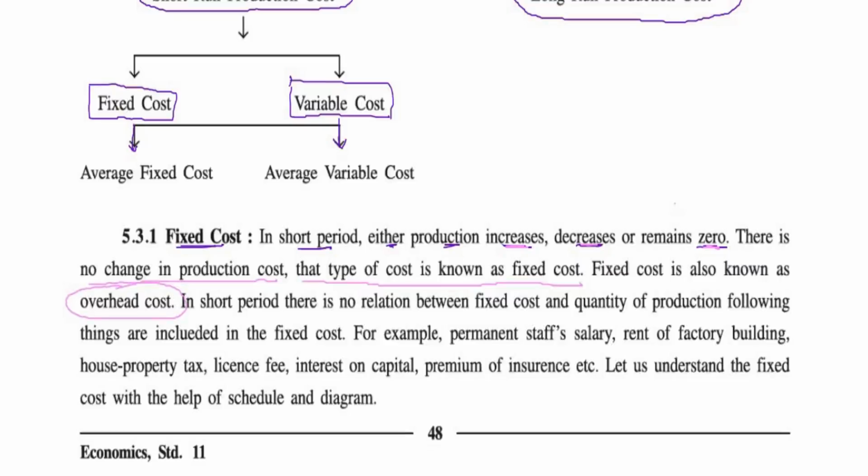Let's say you have your khakra shop. Let's take that example. Now in that khakra shop, let us say the shop is on rent. You have taken it on rent, and let's say you are paying 15,000 rent every month for that khakra shop. The machine you bought is on loan.